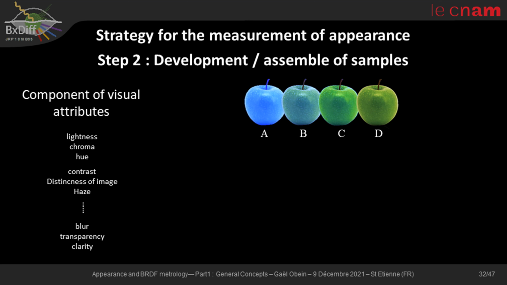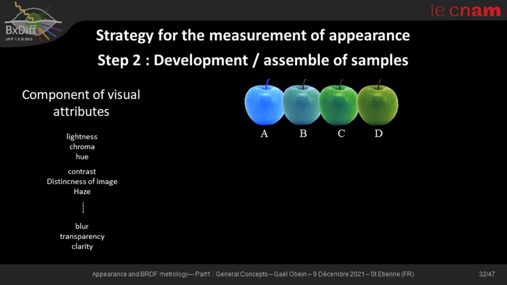For instance, I will develop different apples, and because I'm interested only in the chroma, I will try to keep the lightness and the hue constant, and I will change the chroma. And I have now my samples that are on a given scale, and I will try to build a visual scale that responds to this collection of samples.